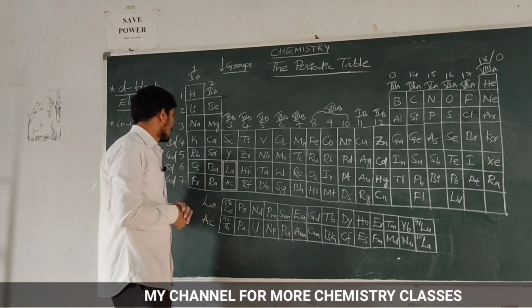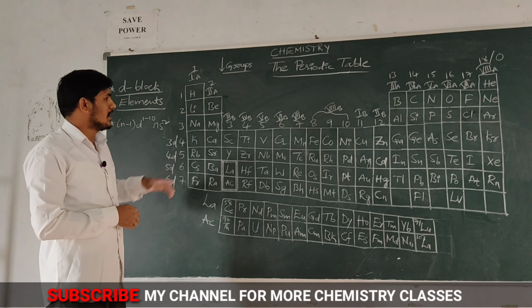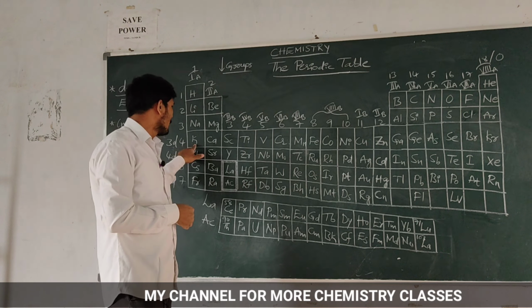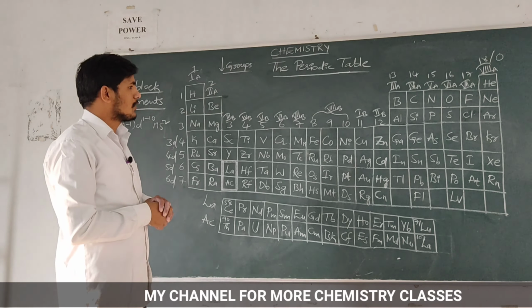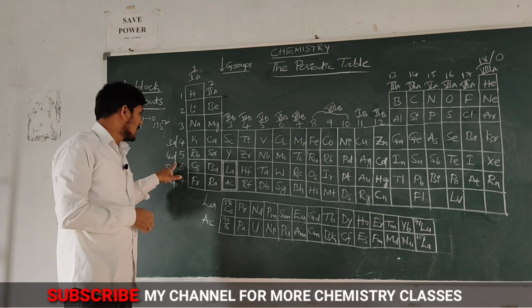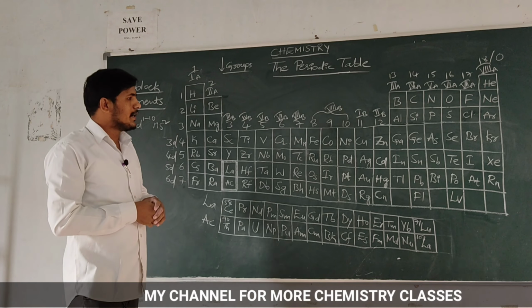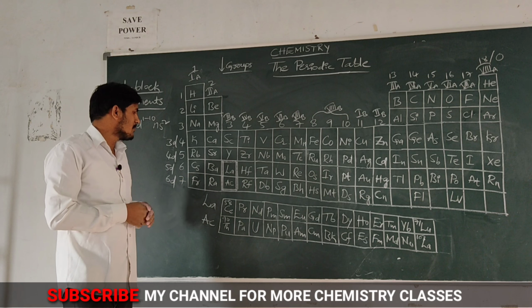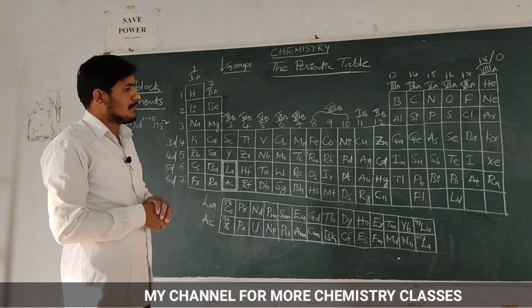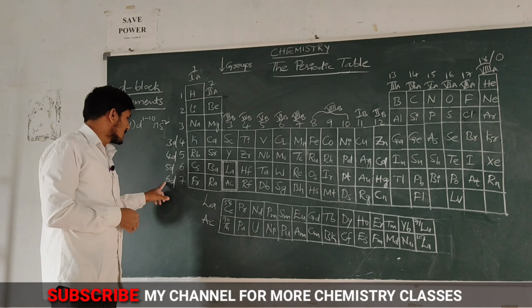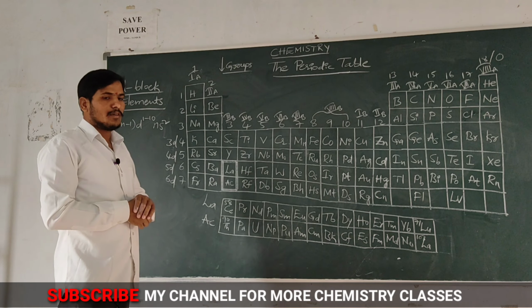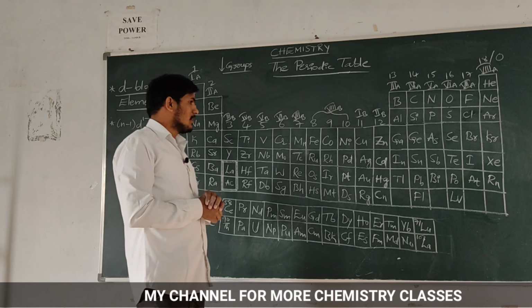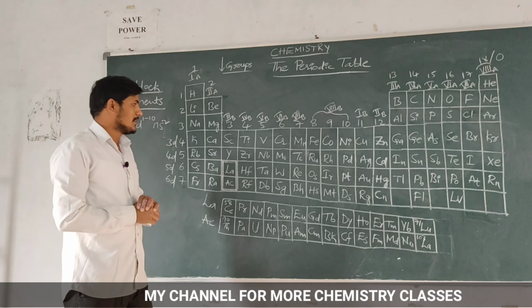The 3D series starts from potassium to krypton, the 4D series starts from rubidium to xenon, and the 5D series starts from cesium to radon, and the 6D is an incomplete period in the periodic table.